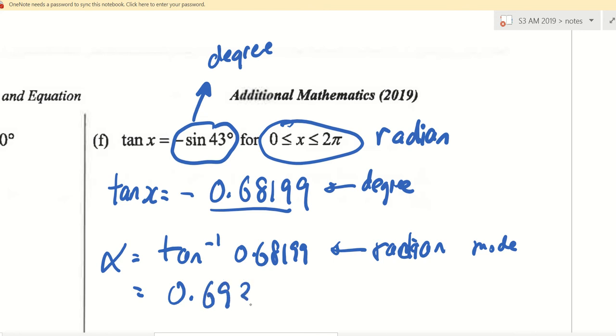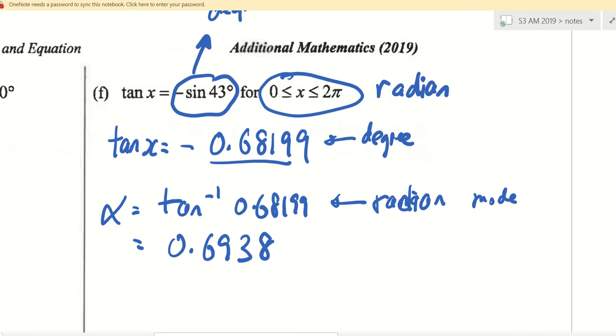Good, because it's in radian. I never take out the negative sign. Matthew, 0.5985, stop. Why did you put negative? I never put negative. You included the negative here. Okay.